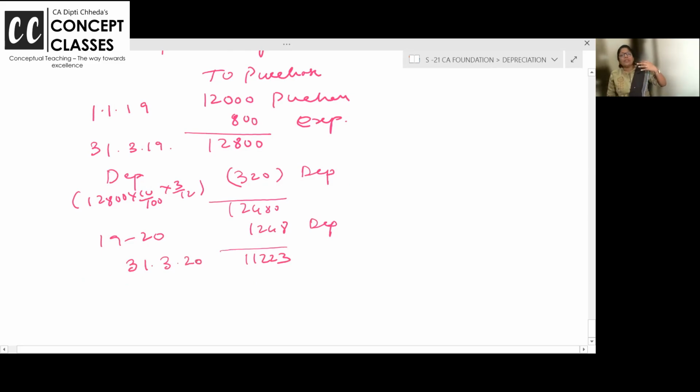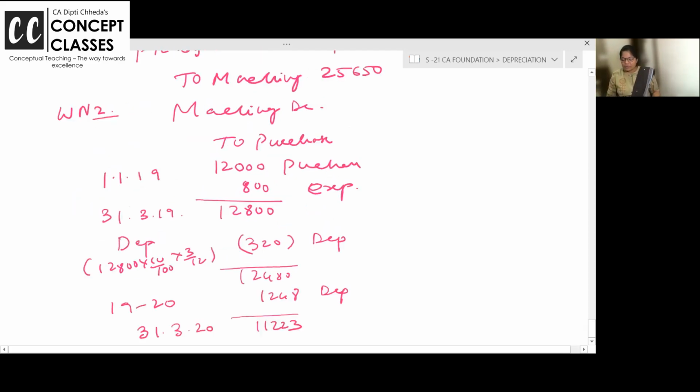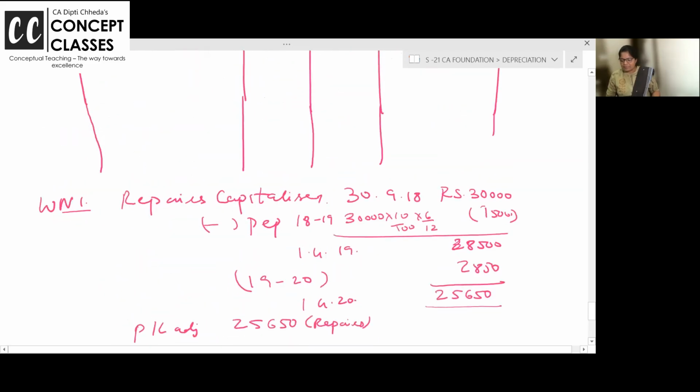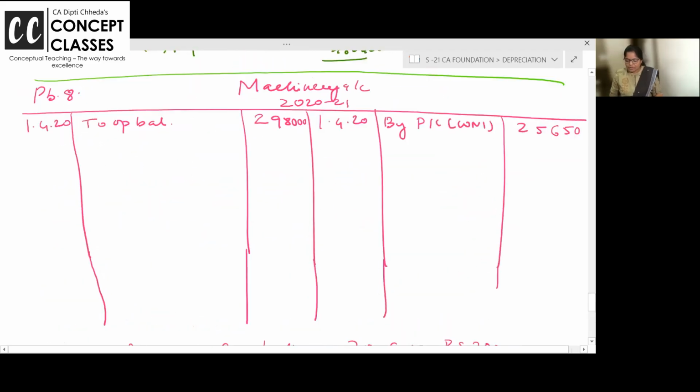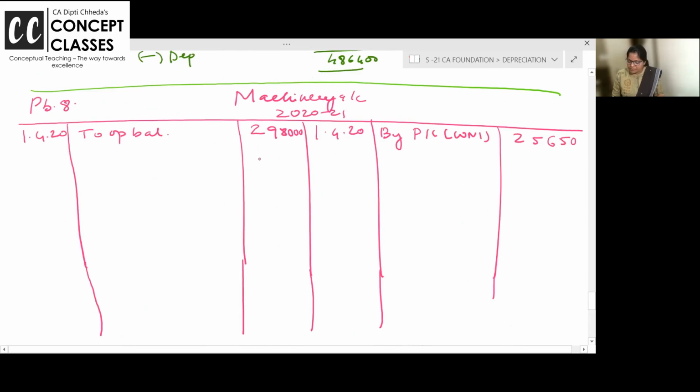So even if you try to capitalize 12,800, you have to capitalize 1.5 years back. You took it as revenue, but if you capitalize, you will again charge depreciation. So now capitalize it at today's value. What is today's value?